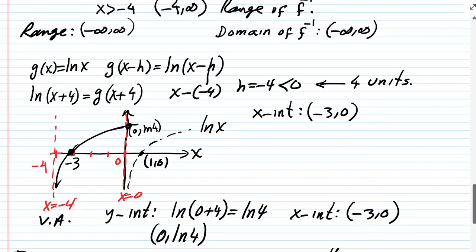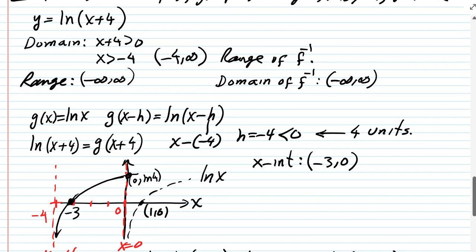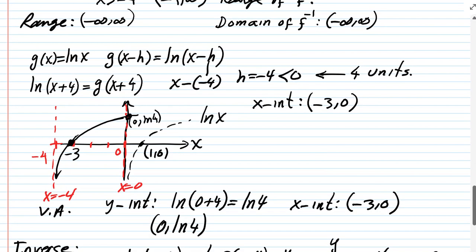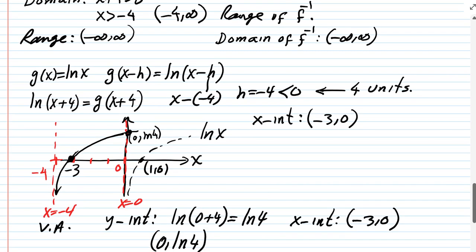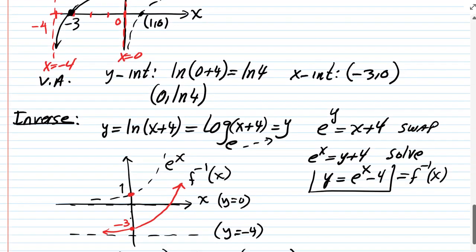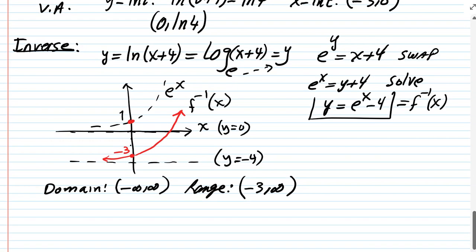We did the domain of the function, domain of f, right in here, was from -4 to infinity. Oh, the range is going to be -4, because this is -4. There you go. The graph is above -4. Again, we found these earlier too.